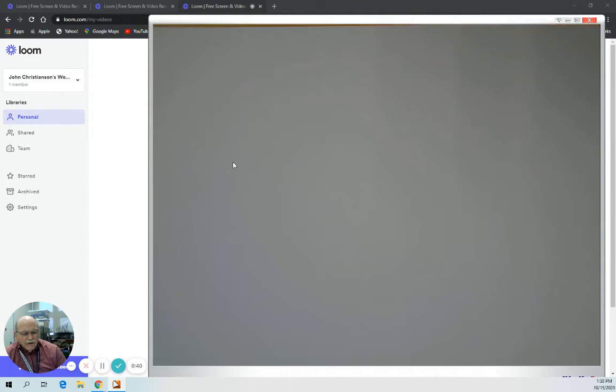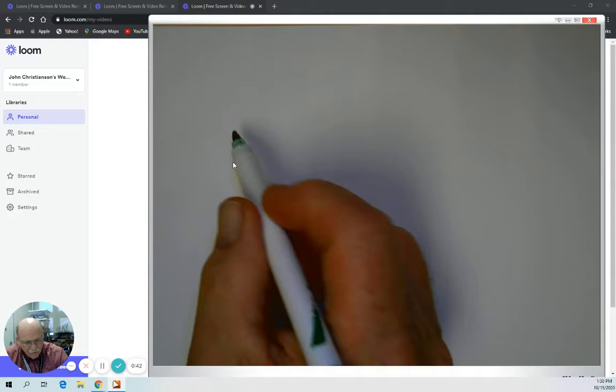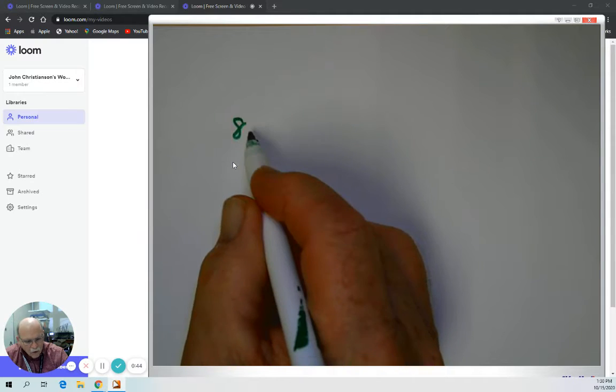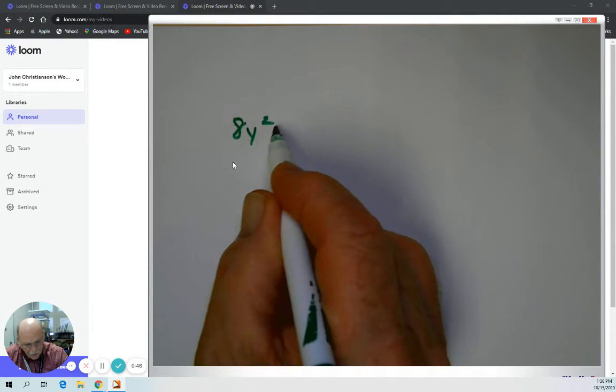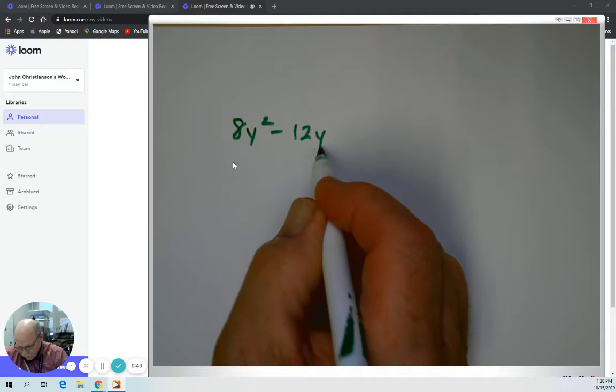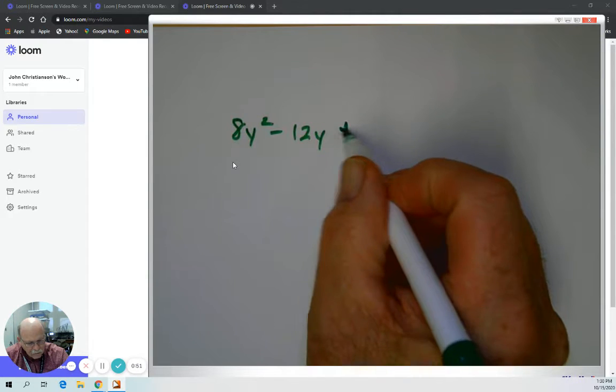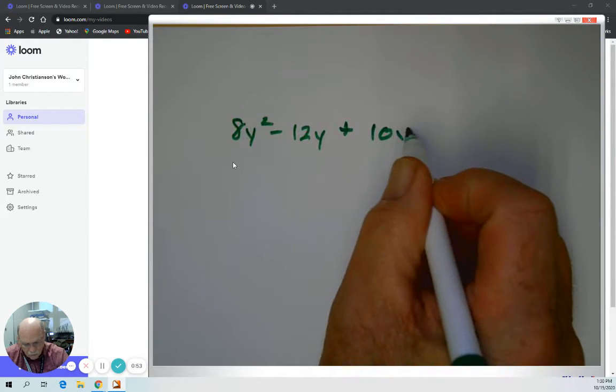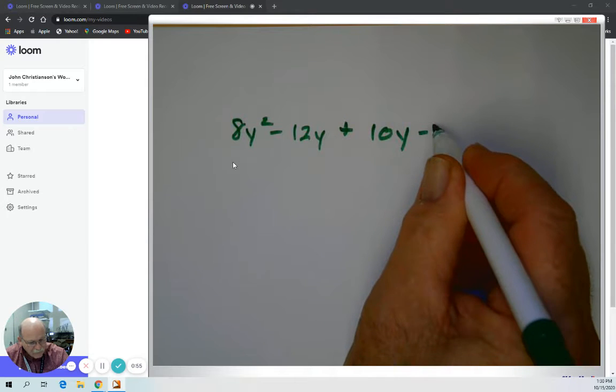All right. So let's say I have 8y squared minus 12y plus 10y minus 15.